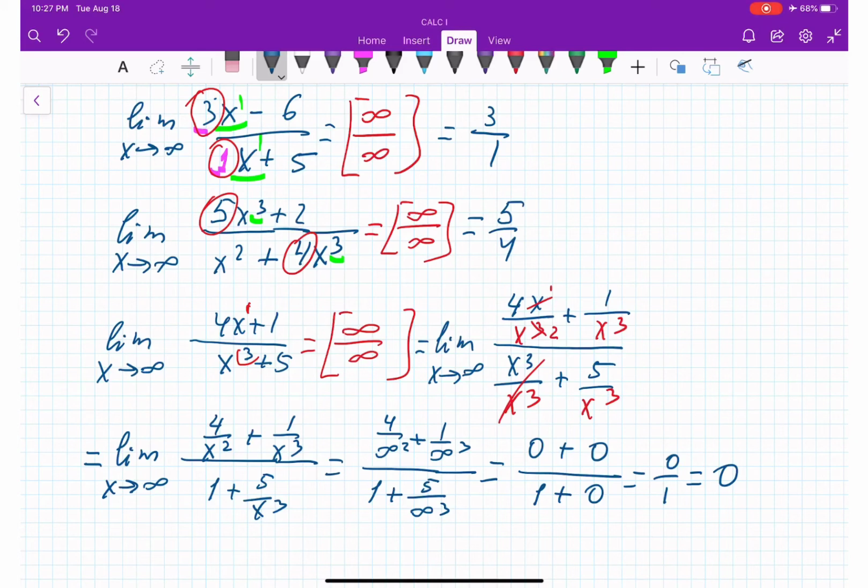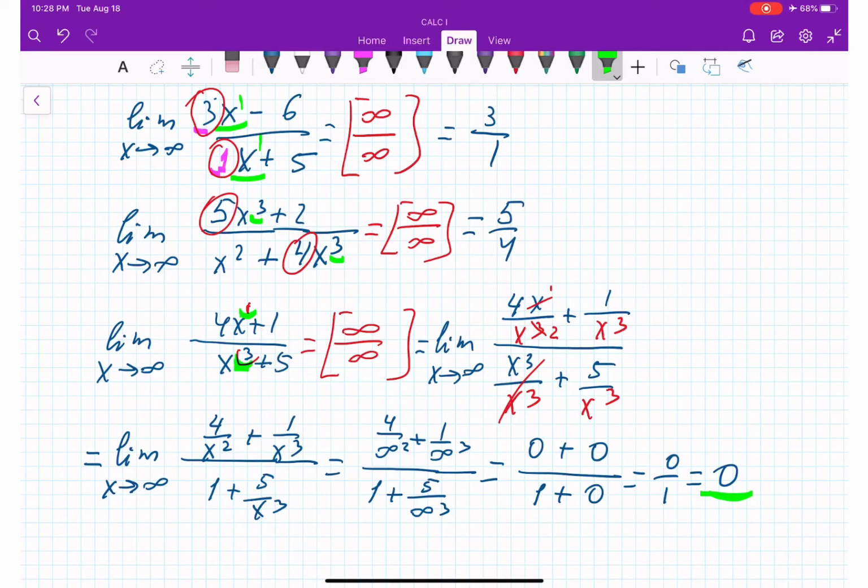Based on one example, I could solve another example to show you. But the bottom line is, if the highest degree in the denominator, which is 3, is greater than the highest degree in the numerator, and the limit gives you the infinity over infinity case, then the final result for such a limit is 0.